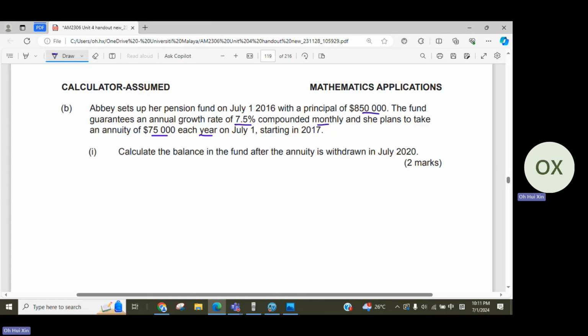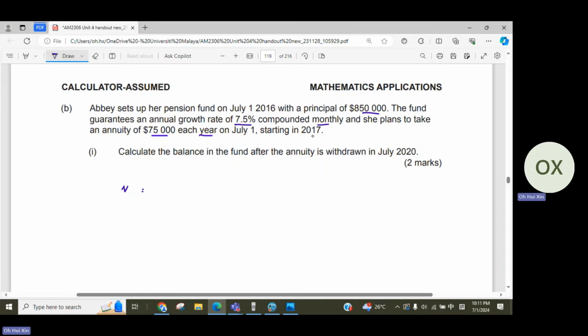Be mindful that N is the number of payments, especially when your PPY and CPY are different, so you must be very careful of this. N is the number of withdrawals that you made. The question said that the withdrawal is made starting July 1st, 2017.